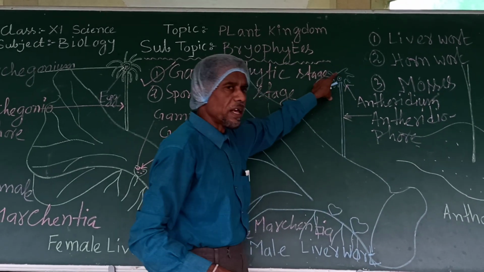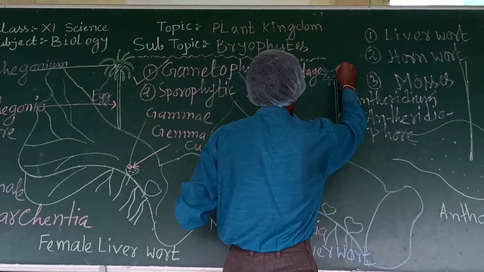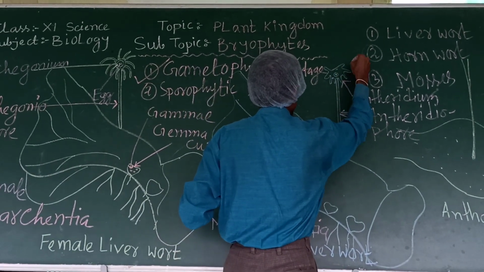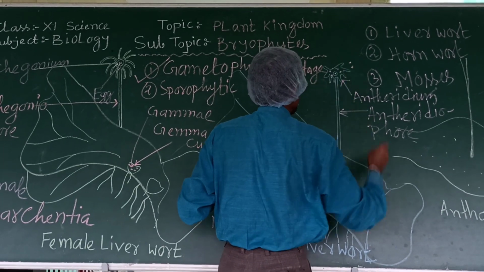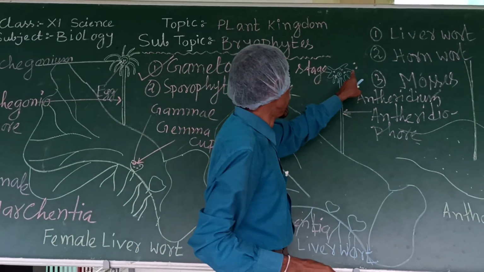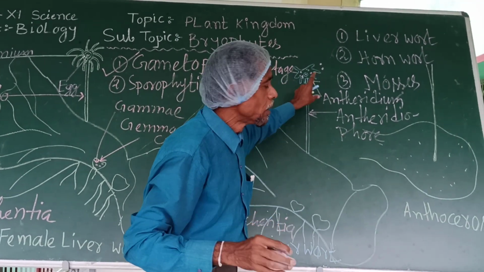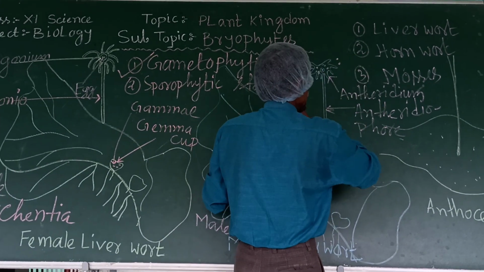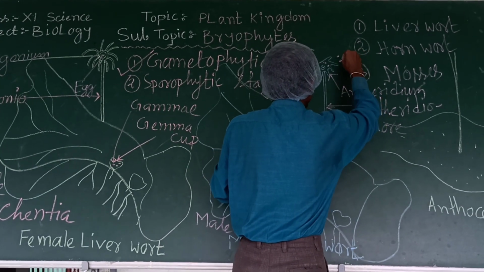When this antheridium matures, it produces numerous male gametes called antherozoids. So these are the antherozoids.